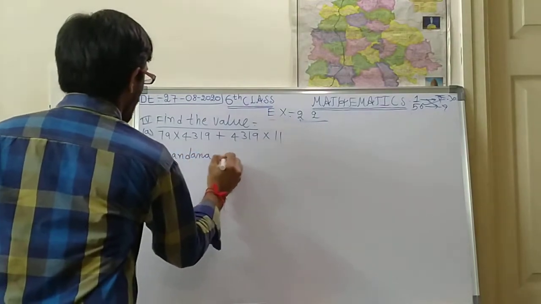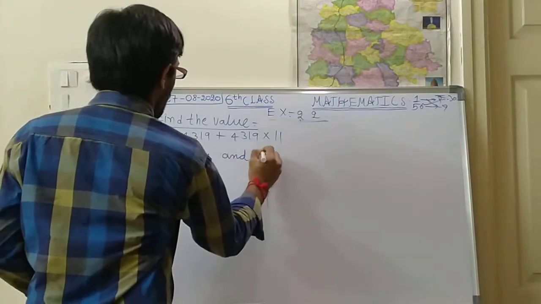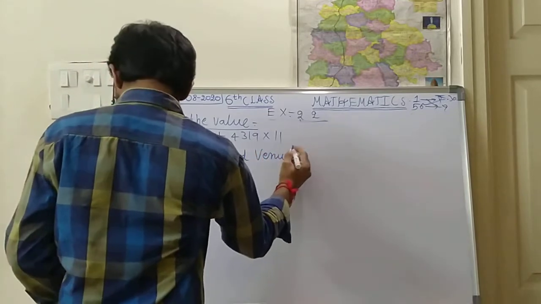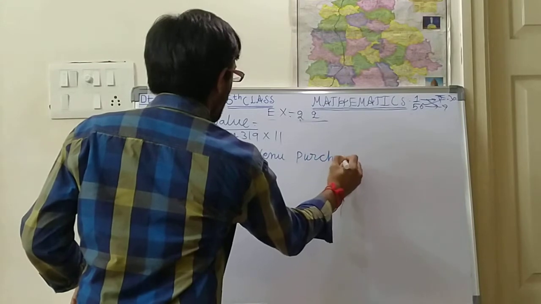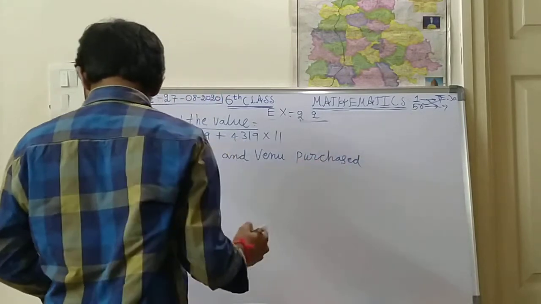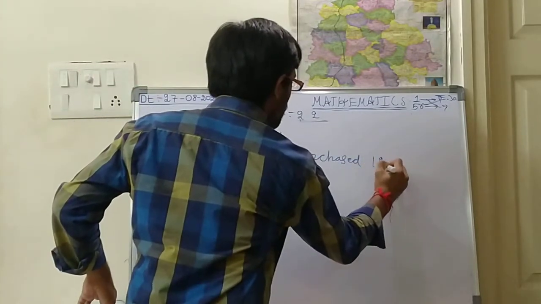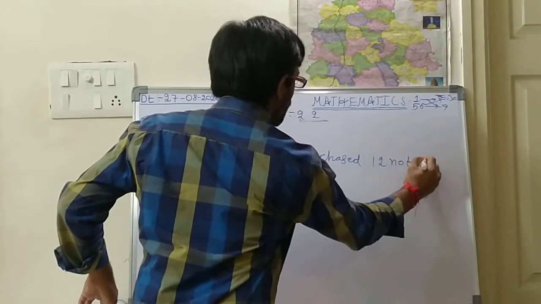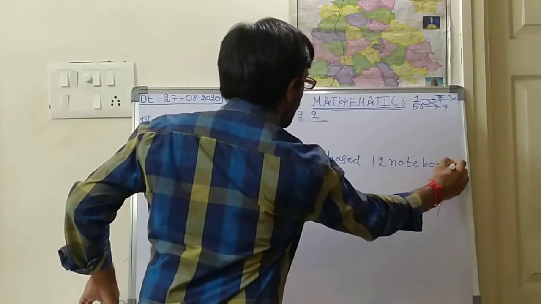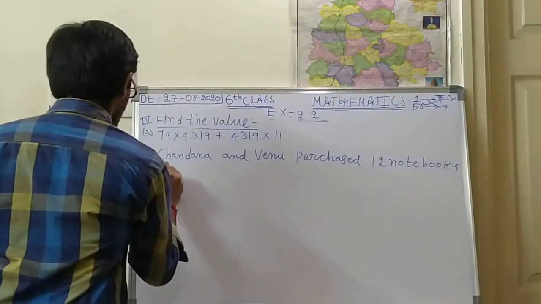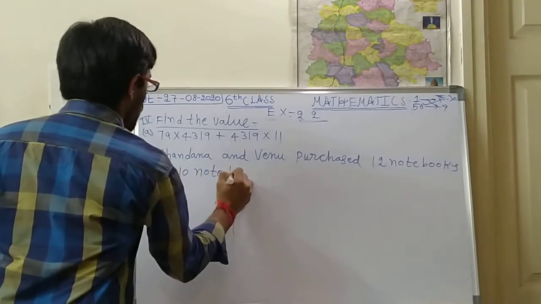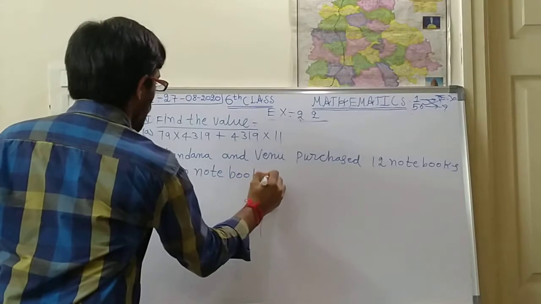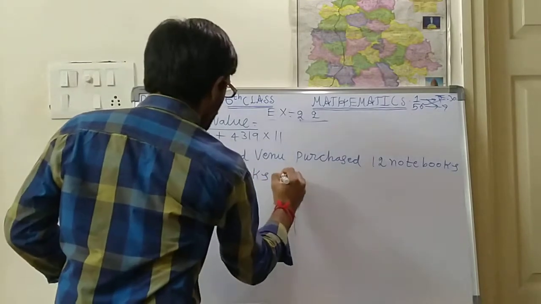Chandana and Venu purchased 12 notebooks and 10 notebooks respectively.